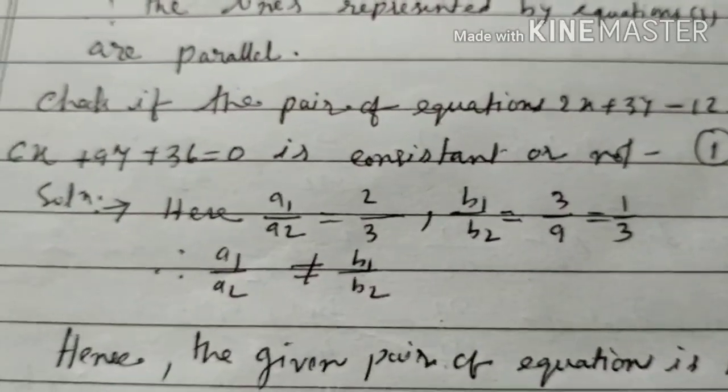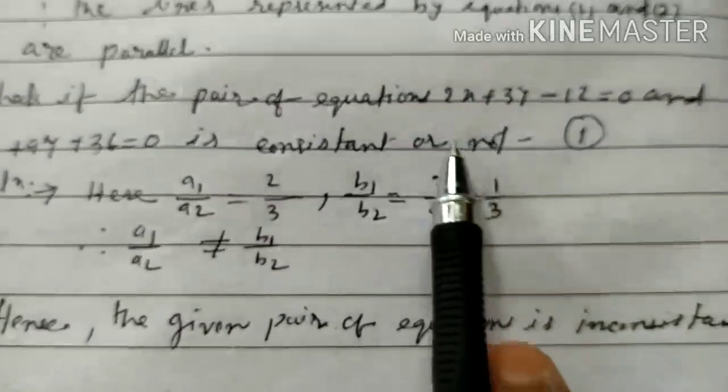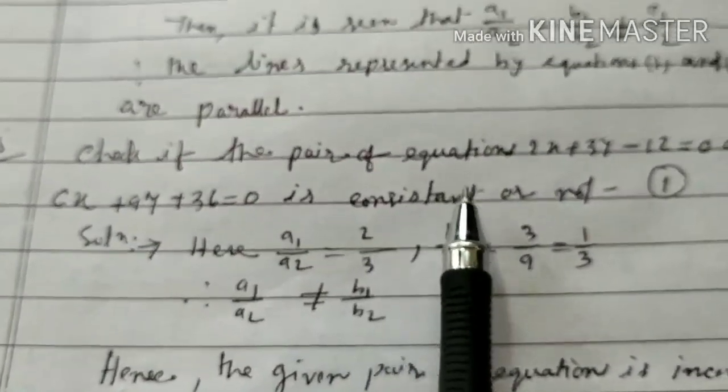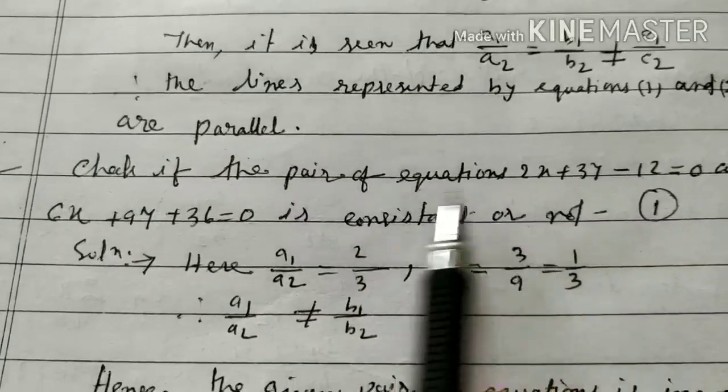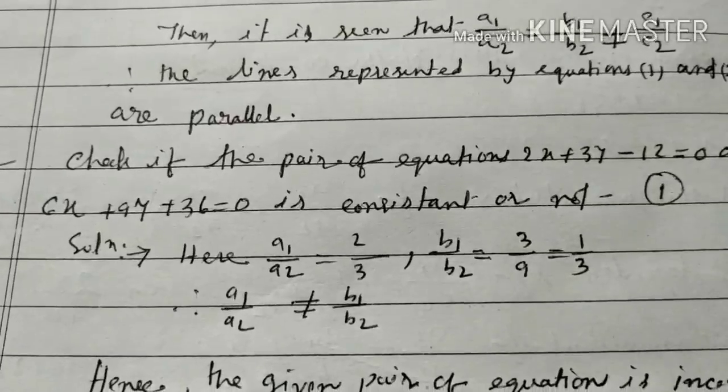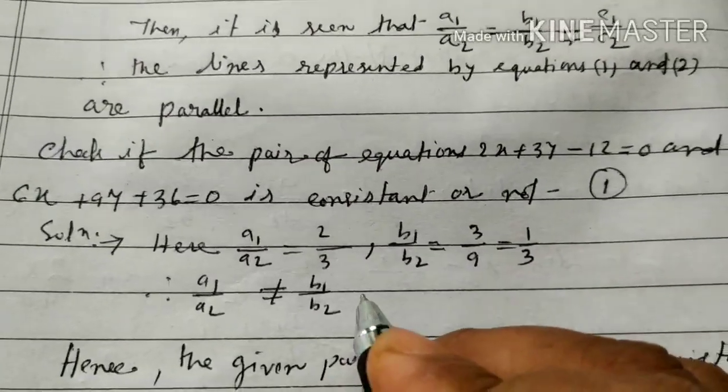Here, a1 by a2: you have to take a1 as 2 and a2 as 6, so a1 by a2 is 2 divided by 6, 2 by 6.